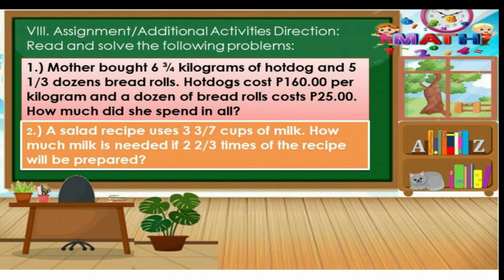Hot dogs cost 160 pesos per kilogram and a dozen of bread rolls cost 25 pesos. How much did she spend in all? For number 2, a salad recipe uses 3 3/7 cups of milk. How much milk is needed if 2 2/3 times of the recipe will be prepared?